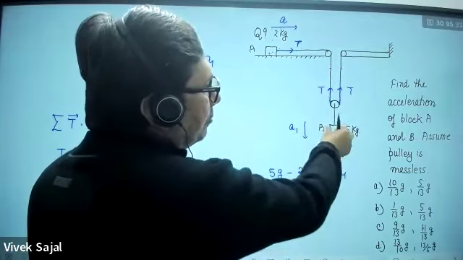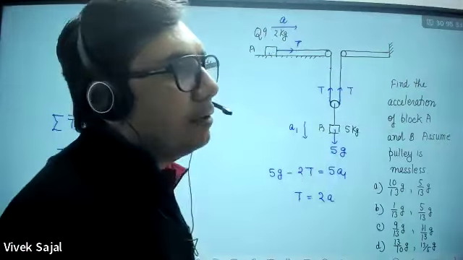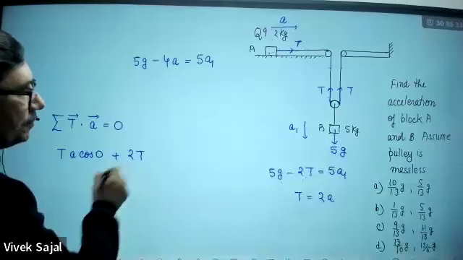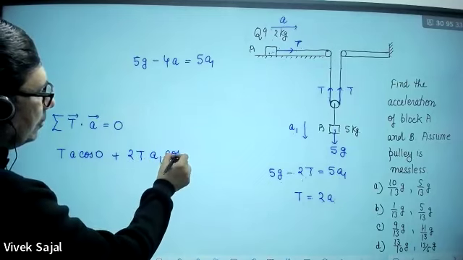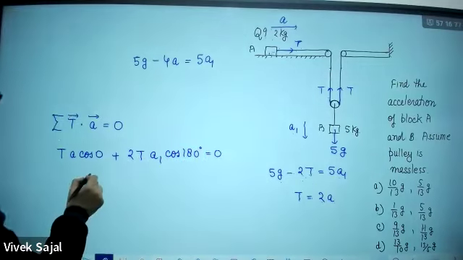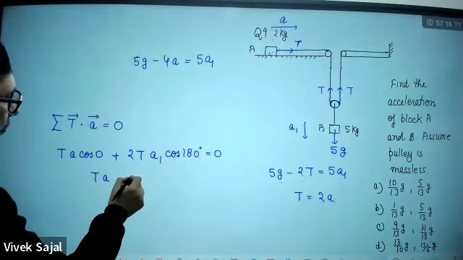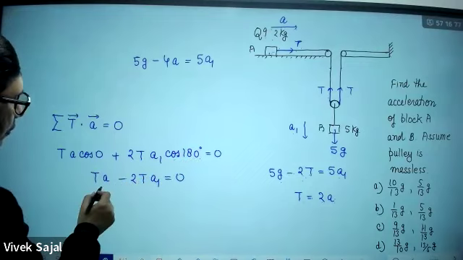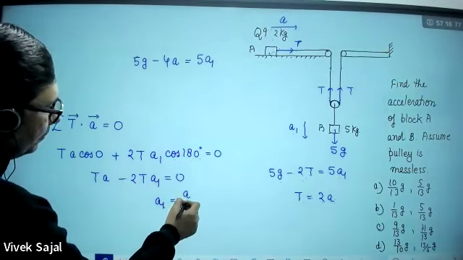Tension is 2T, acceleration is A1, and they act in opposite directions, so cos 180 degree is minus 1. So this will be minus 2T A1 equal to 0. T will cancel out, and A1 is A by 2.